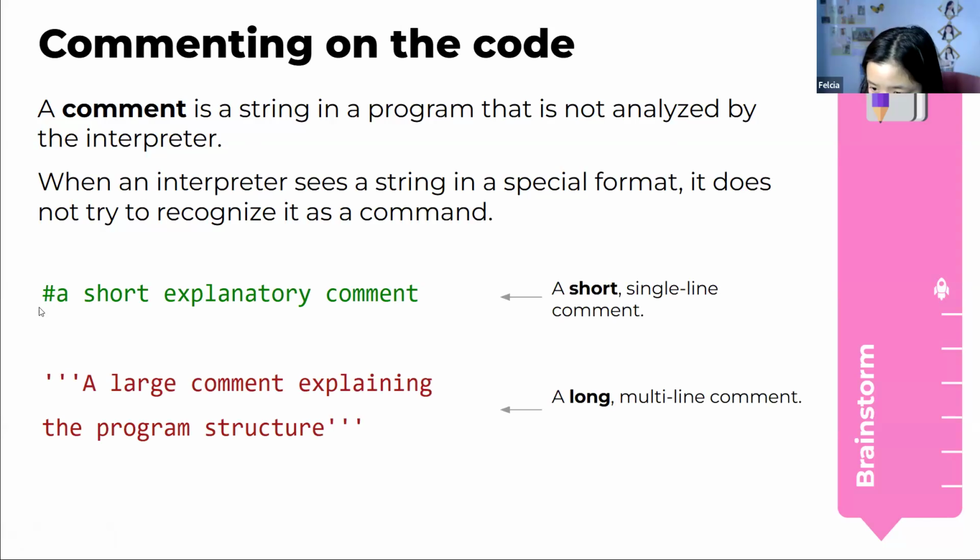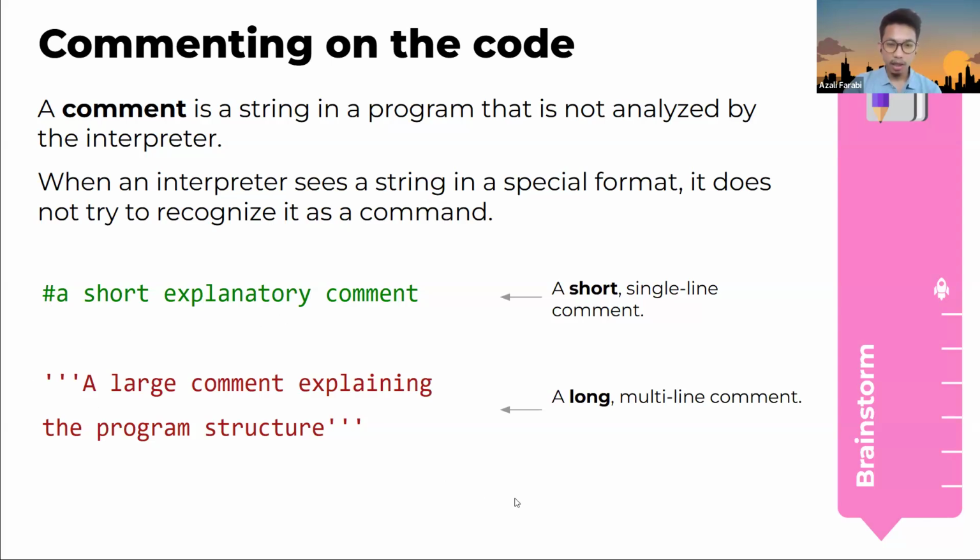This is called a comment, and your interpreter will ignore this whole line. If you want to add instructions for the user, or an explanation of your code, you can do it with a hashtag or comment.